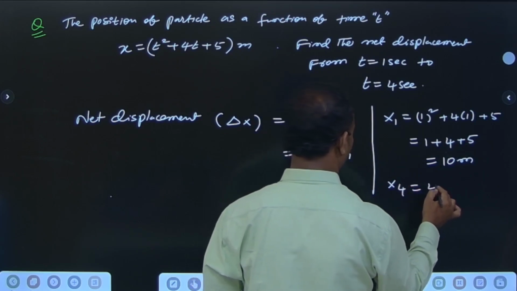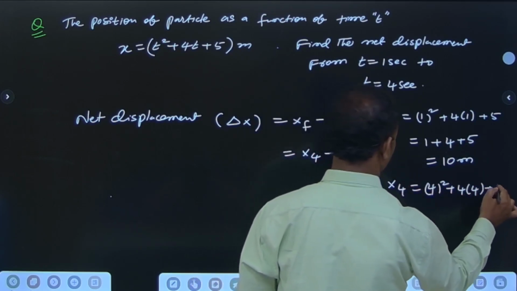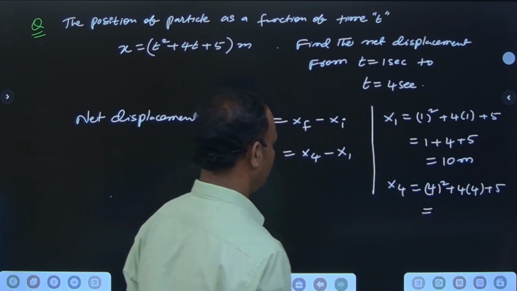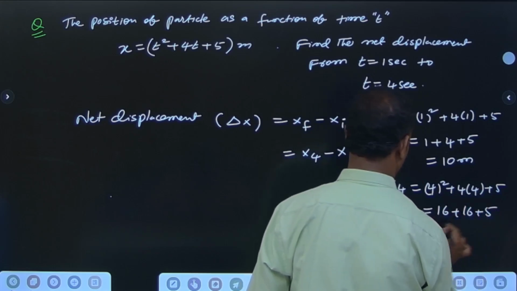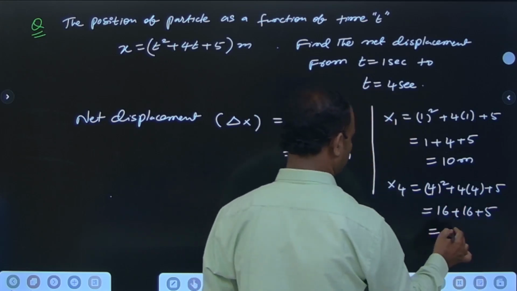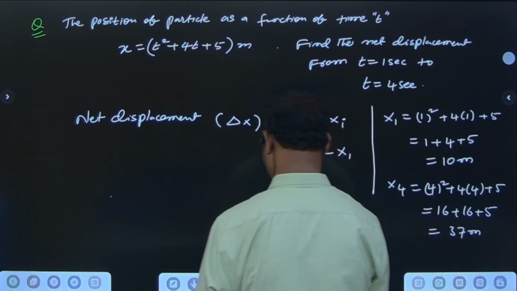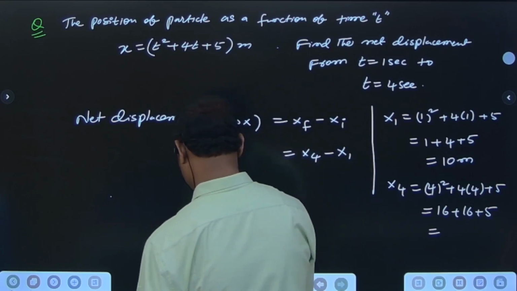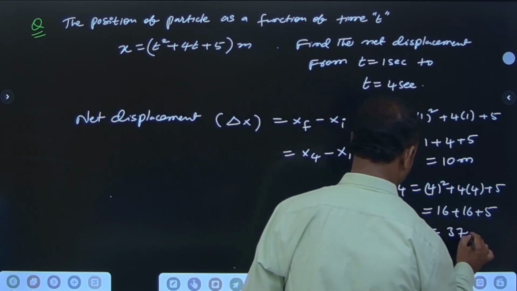x4 is what? 4 square plus 4 into 4 plus 5. In place of t we substitute 4. It's 16 plus 16 plus 5, 32 plus 5, so 37 meters.